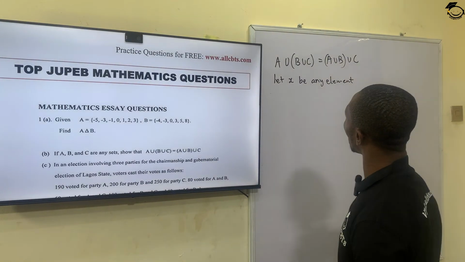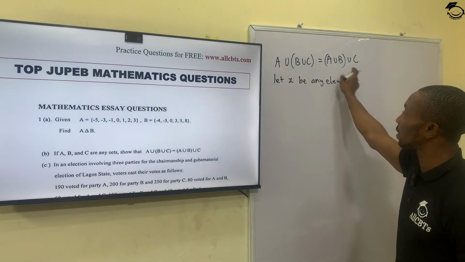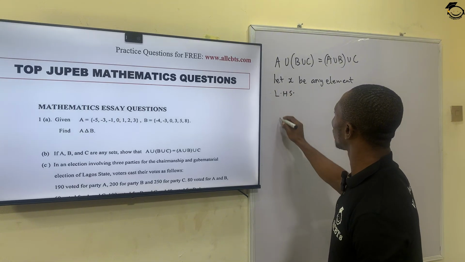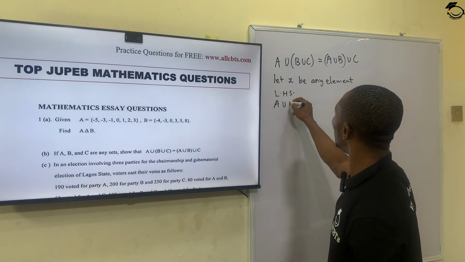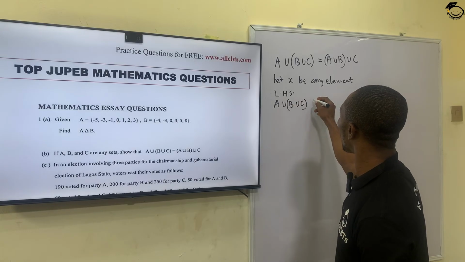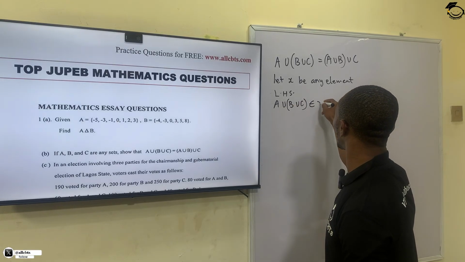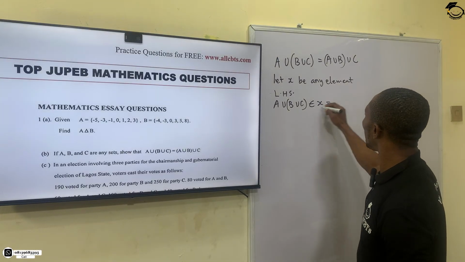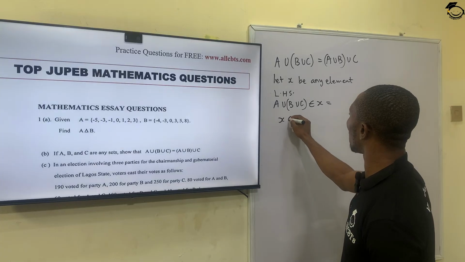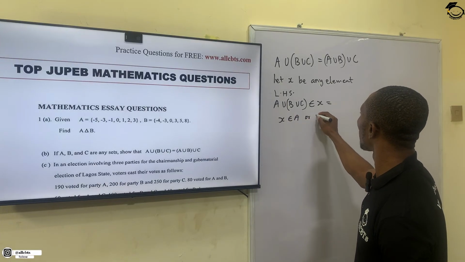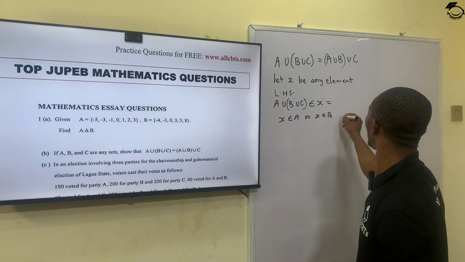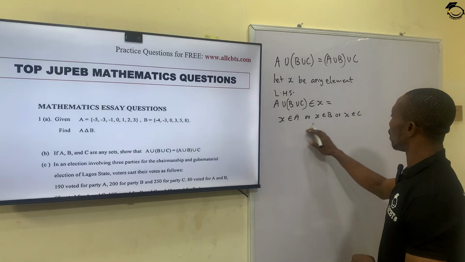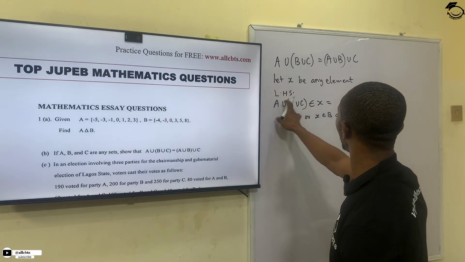If X is any element in our set, for our left-hand side, we have A union (B union C). With our element X, this simply means X is an element of A, or X is an element of B, or X is an element of C. Either way, X is available in the three of them.